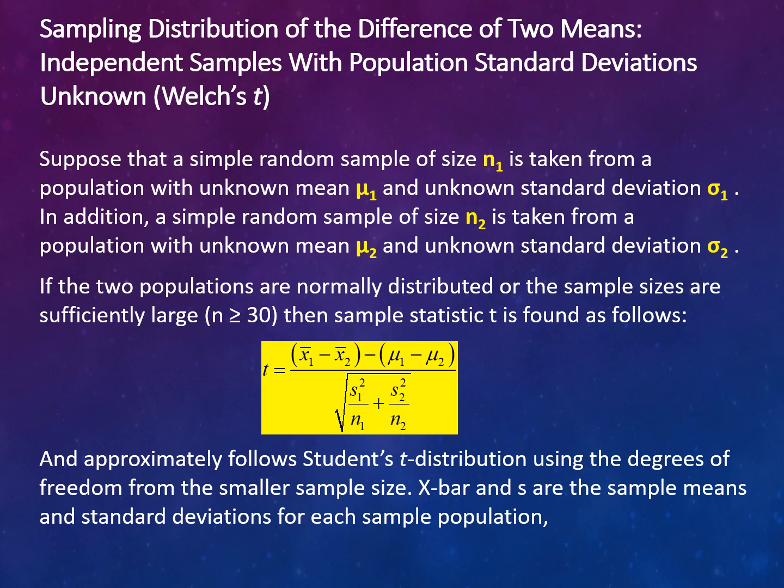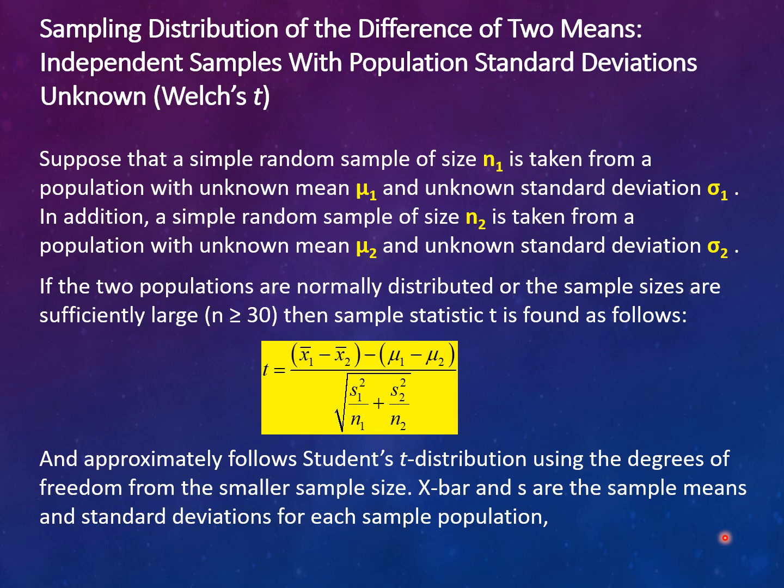And this approximately follows the t distribution using the degrees of freedom from the smaller sample size. So this is one of the really key things here: when we're using our table and looking at degrees of freedom, we now have two samples, and we're going to use the smaller sample size if they're not the same.